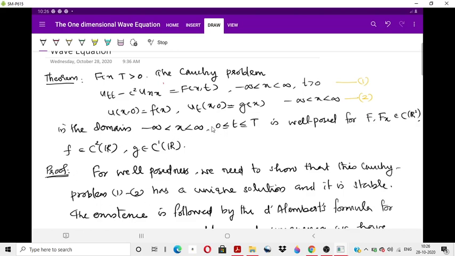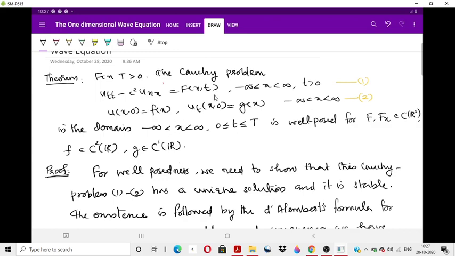So we need to prove the well-posedness. We know that a Cauchy problem or a PDE is said to be well-posed if it has three things. There exists a solution, the solution must be unique, and it should be stable.